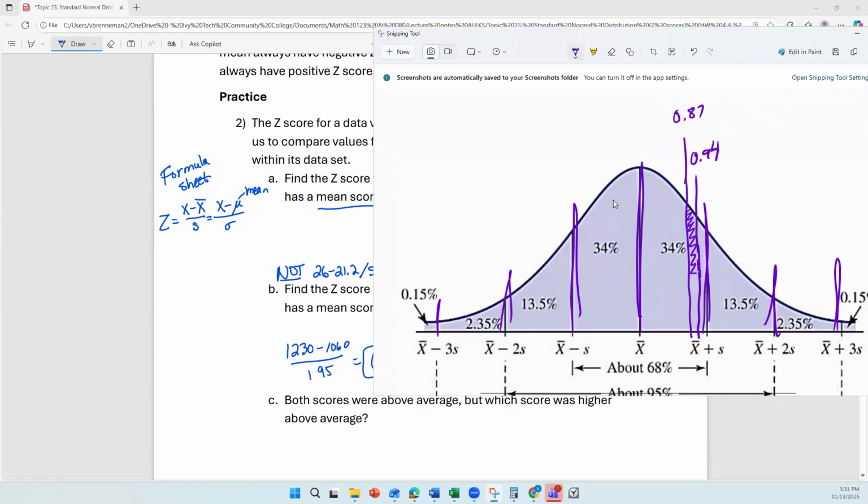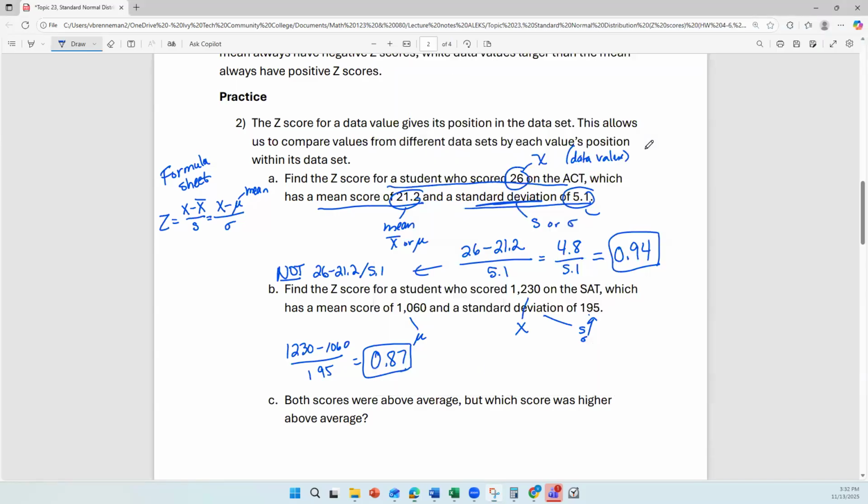But that's a pretty tall part of the graph versus if I was at like 2.94 and 2.87, that'd be a lot less significant of a difference. So how much difference that makes is also affected by how close to the mean. But the ACT has the larger z-score, so higher above average.